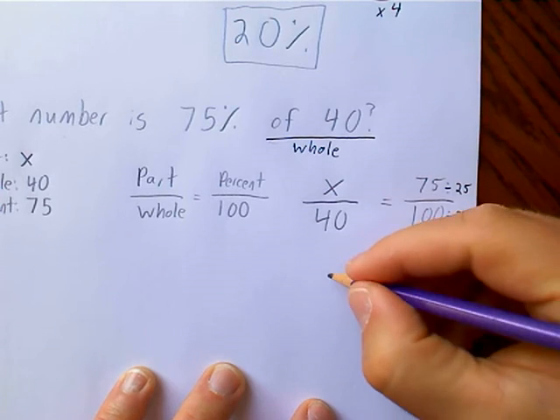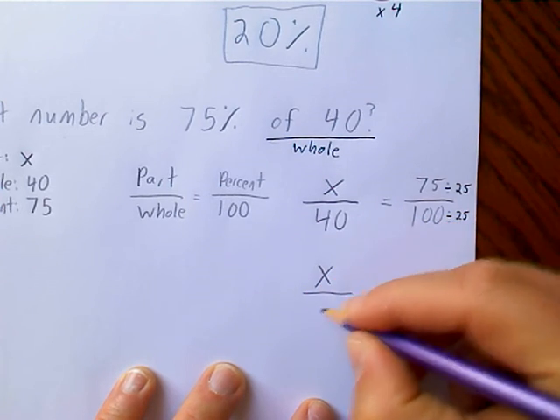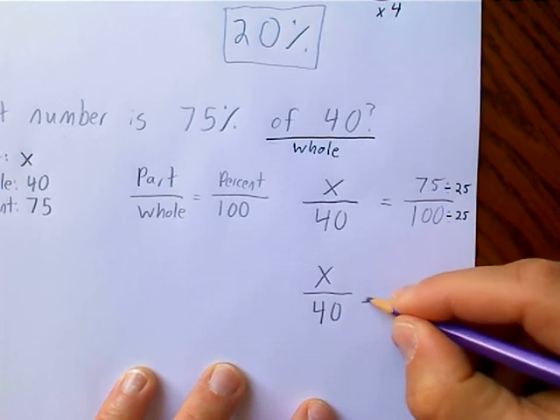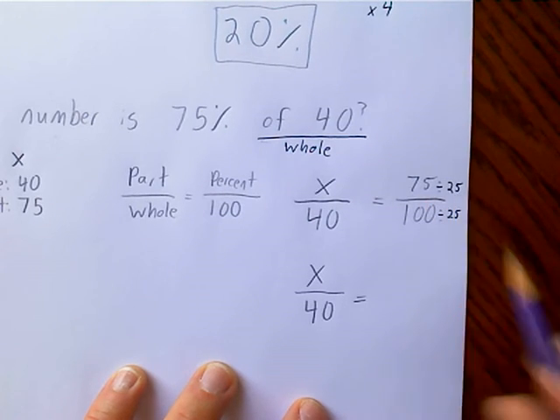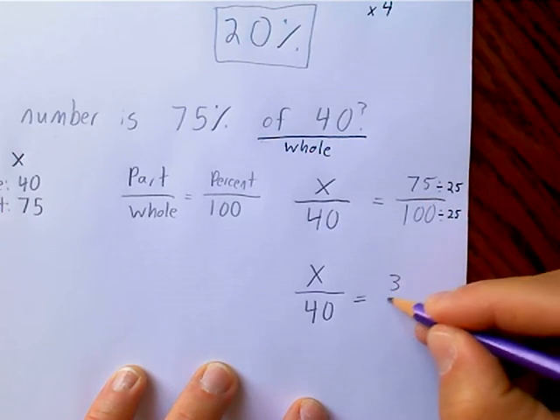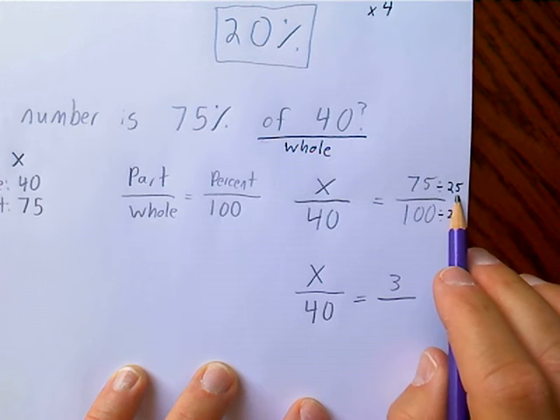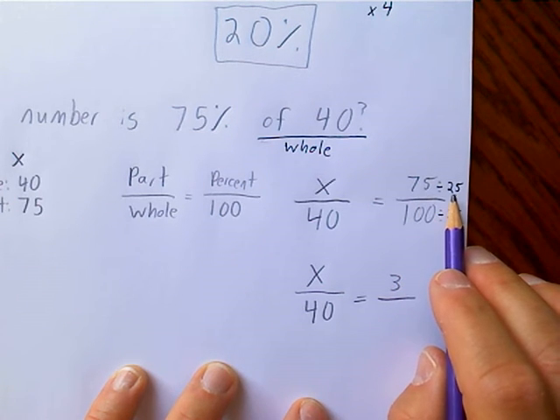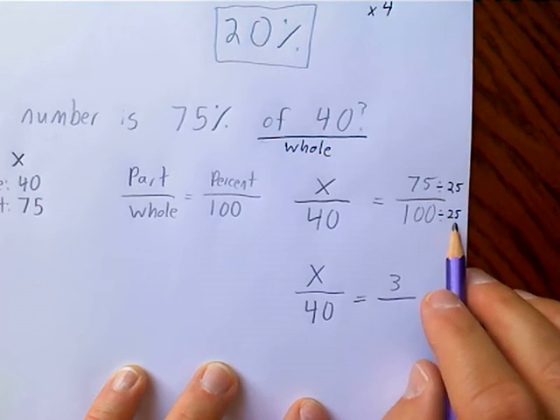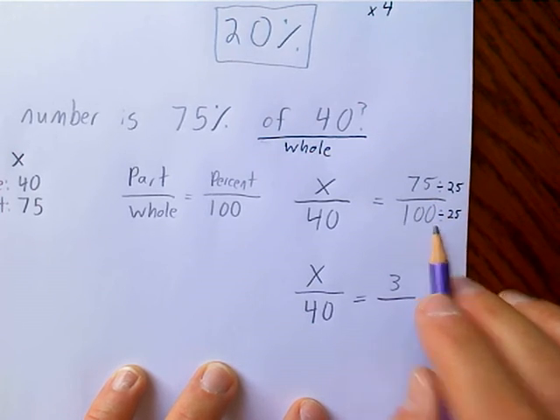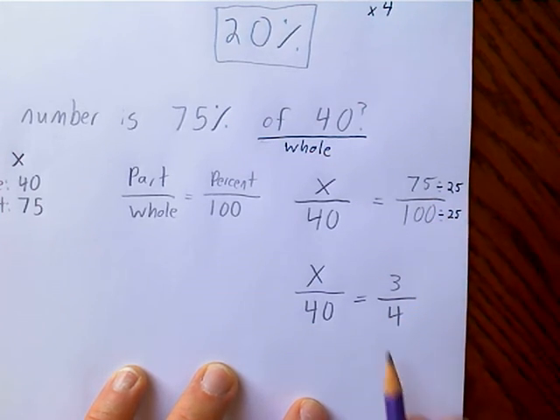So I'm going to rewrite my problem. x over 40 equals 75 divided by 25. That's 3. Another way to think about that is if I have 75 cents, how many quarters do I have? Quarter being 25 cents. I have 3 quarters. How about how many quarters are in a dollar? 4. So those are some easier numbers to deal with.